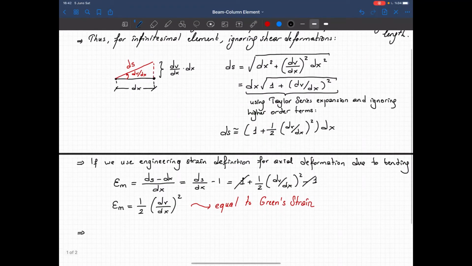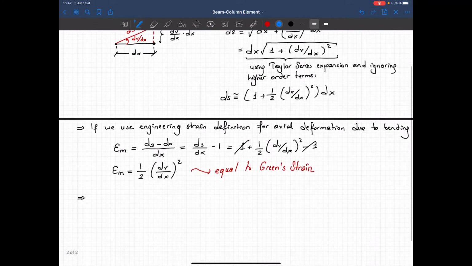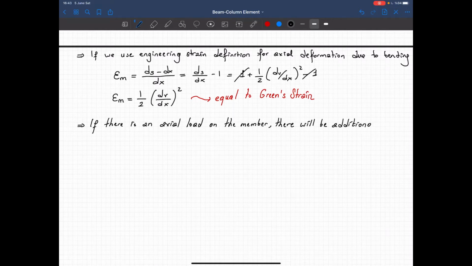In that case, I'm adding an axial load here, and let this axial load be equal to P. If there's an axial load on the member, there will be additional strain energy for bending.